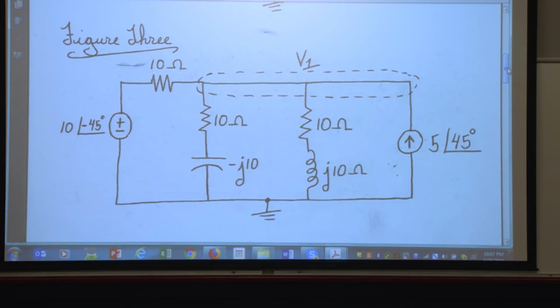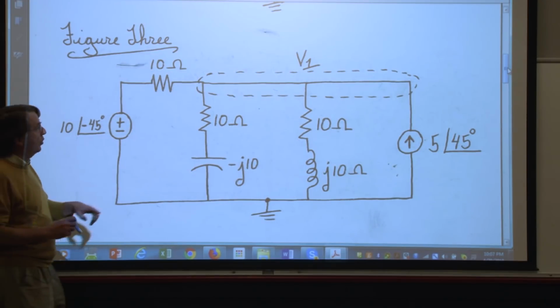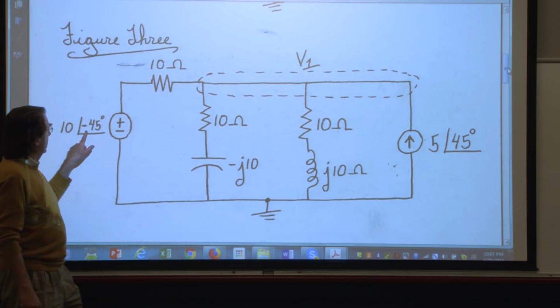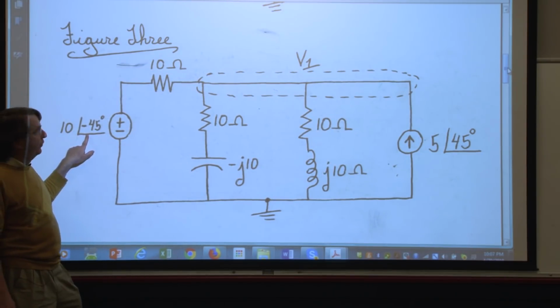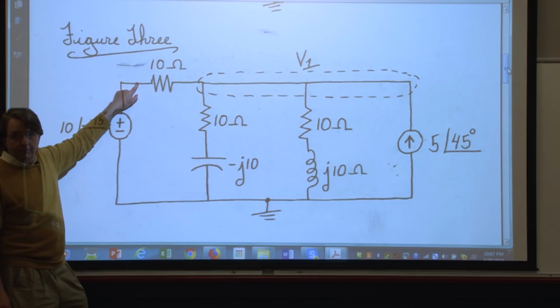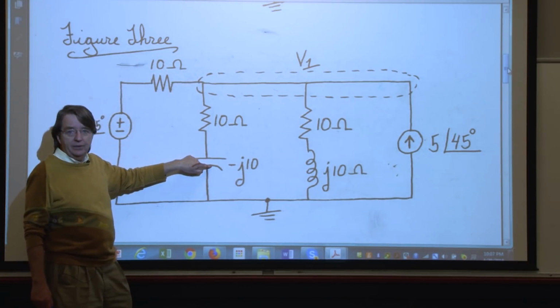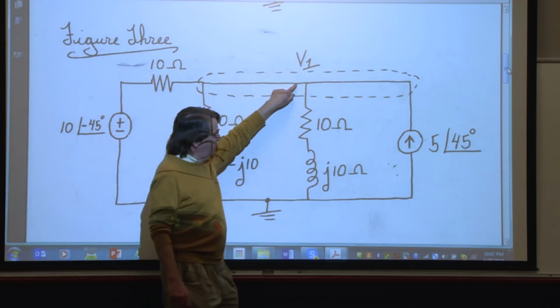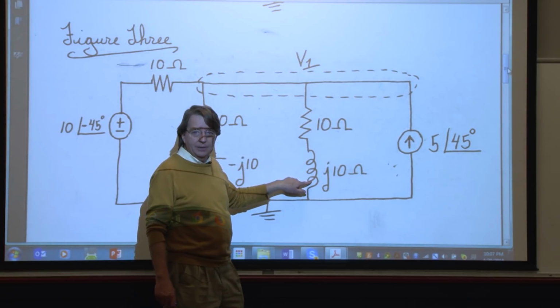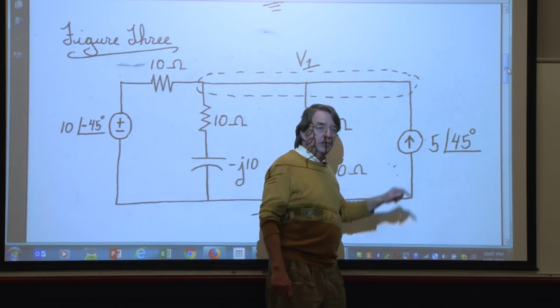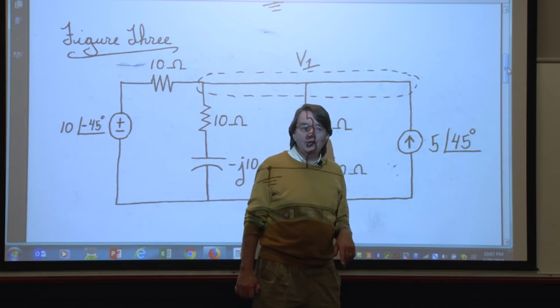Here, let me just say it, and then I'll stop. I'll just say the first equation. V1 minus 10 at an angle of minus 45 over 10, then V1 over 10 minus j10 plus V1 over 10 plus j10. And now the current source goes in, so it's minus 5 at an angle of 45 degrees.